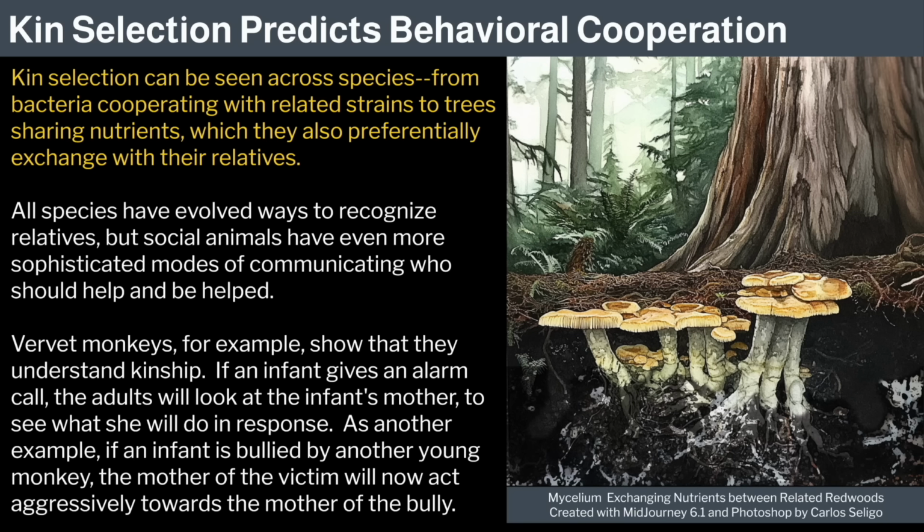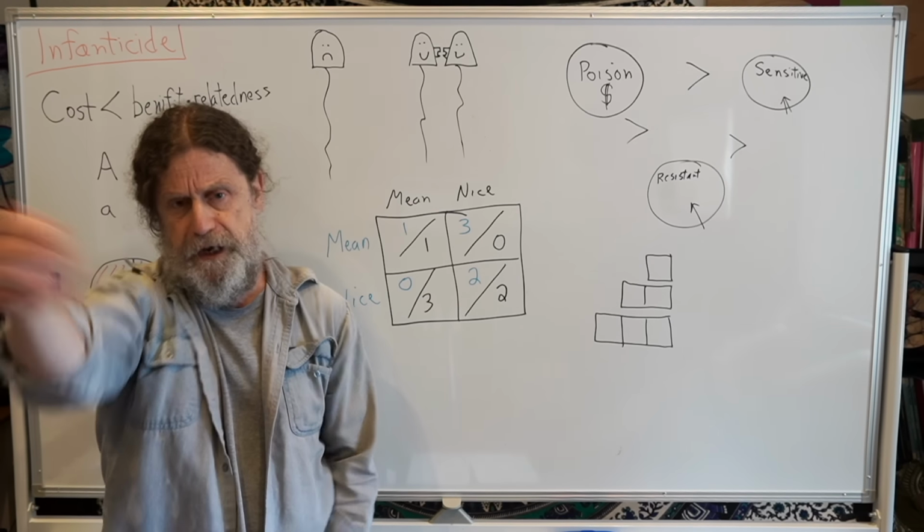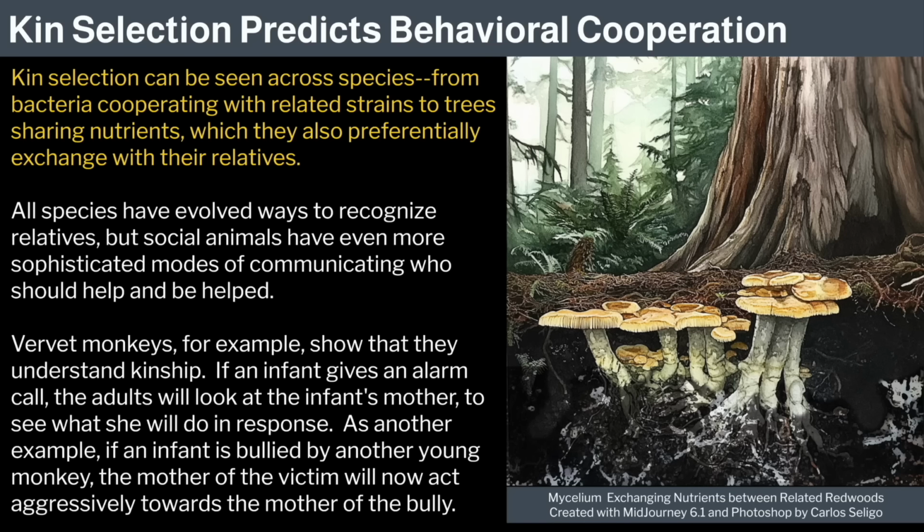Tree behavior. I don't even know if trees behave. I know there's people who insist they do, but you've got a tree. You are a tree, and you've got roots out there and nitrogen or nutrients or something that you could or could not share with the next tree to be helpful, to be cooperative with them.